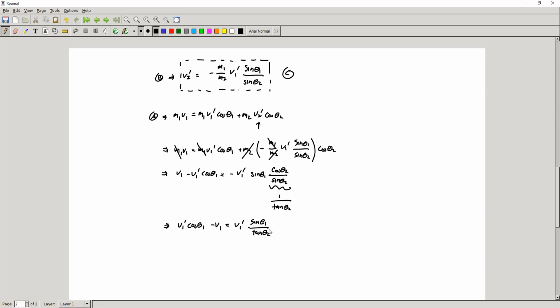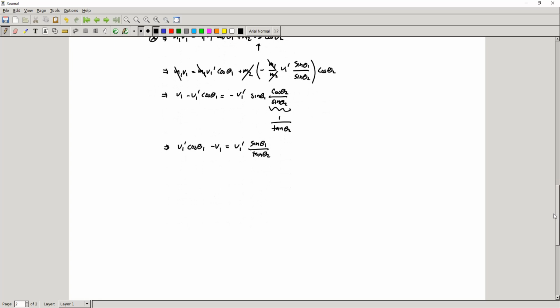We just really want to isolate this tan theta 2 and then isolate the theta 2. So I'm going to multiply both sides by tan theta 2 and then divide out whatever's left over. So we're going to end up with this expression here, v1 prime sine theta 1 over v1 prime cos theta 1 minus v1, right?